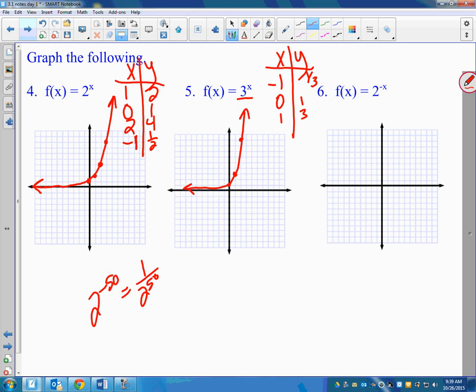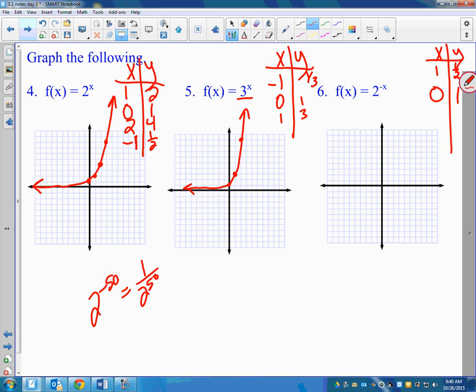What happens when I make it a negative exponent? What happens when I plug 0 in there? It's still 1, right? 2 to the negative 0 is still just 2 to the 0. What happens when I pick positive numbers now? Yeah, now when you pick positive numbers, you get a negative exponent, right? Because that's 2 to the negative 1.